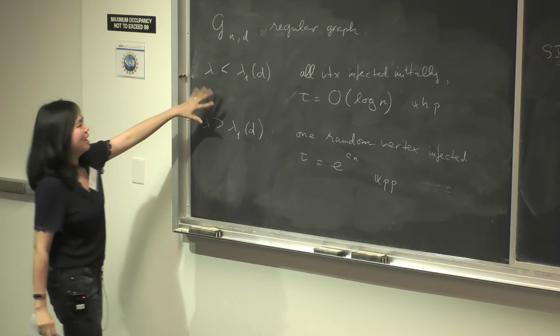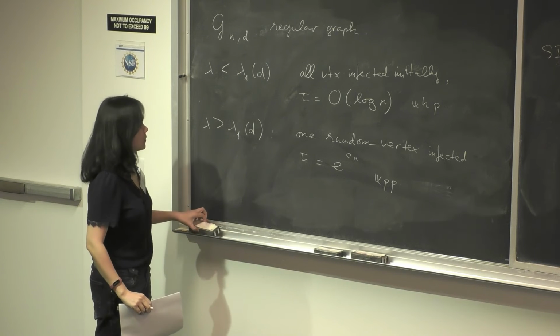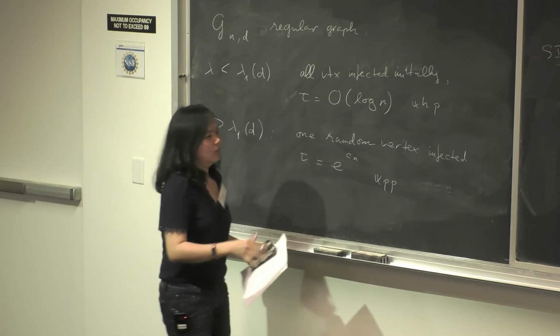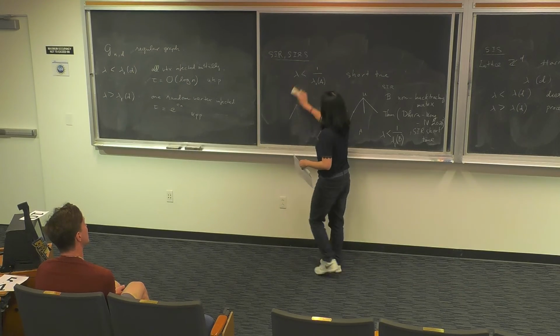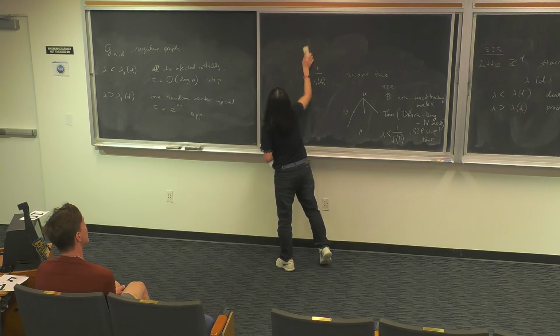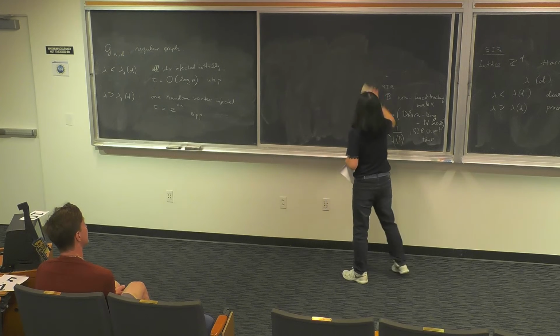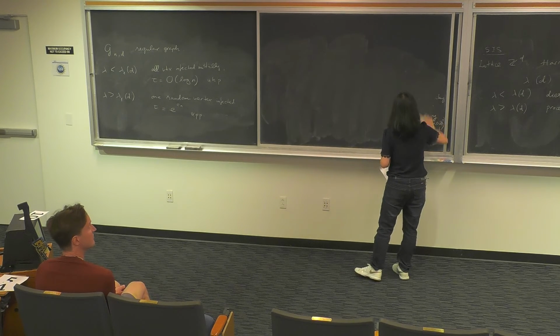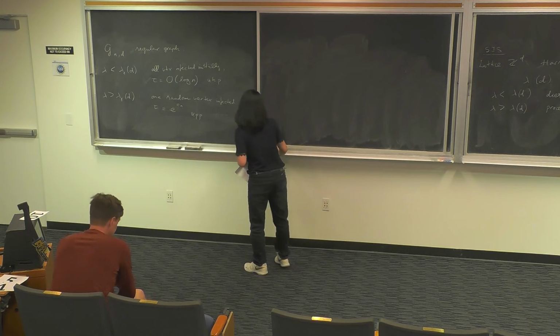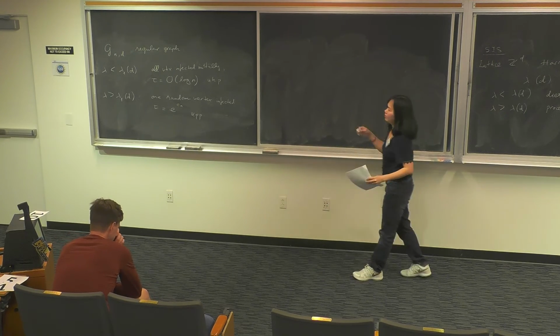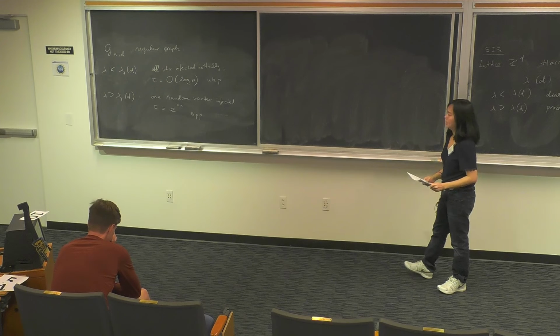And the proof goes along the line of passing to the local weak limit and trying to use what we know about the regular trees.